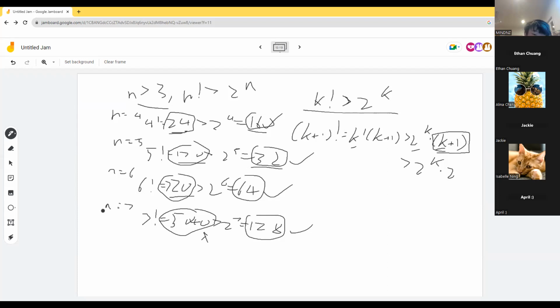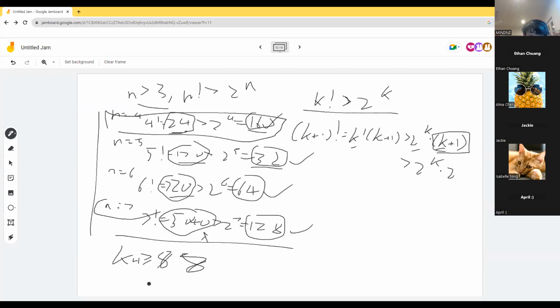Actually, since we've already proven it for these, we can assume k is bigger than or equal to 7, so k plus 1 is bigger than or equal to 8. But that isn't really necessary, right? We could have just proven this, and we already know k plus 1 is therefore bigger than or equal to 5. So this is definitely bigger than 2, and that's 2 to the k plus 1. So we've proven it.